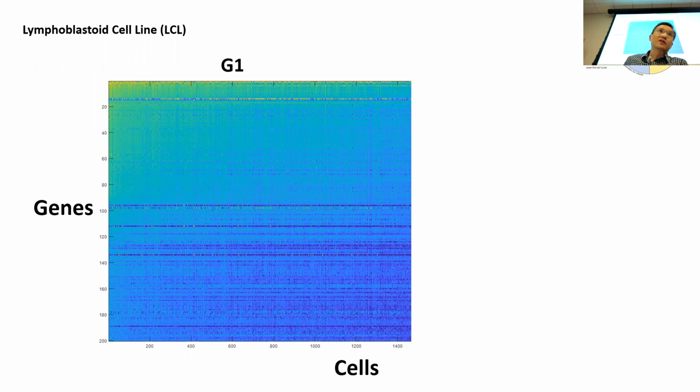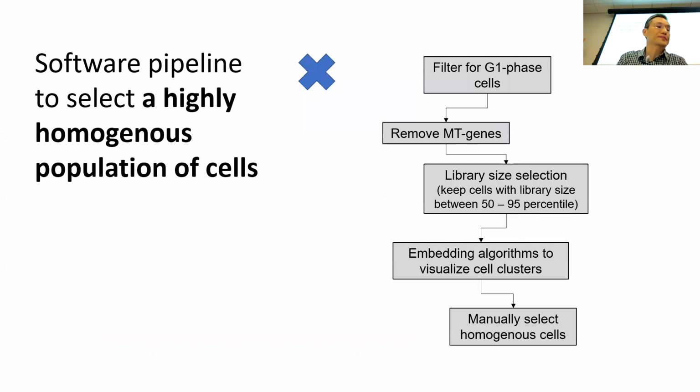Okay, so this is another round of cleanup of cells. Just want to make sure all the cells are in a similar or almost identical stage. No cell cycle effects, no cell type effects.